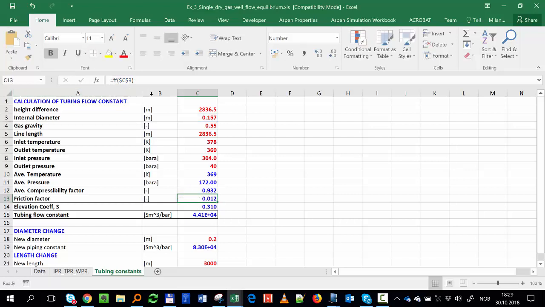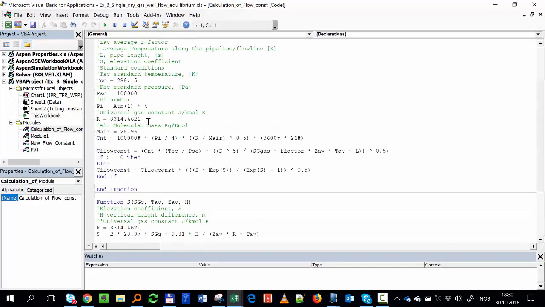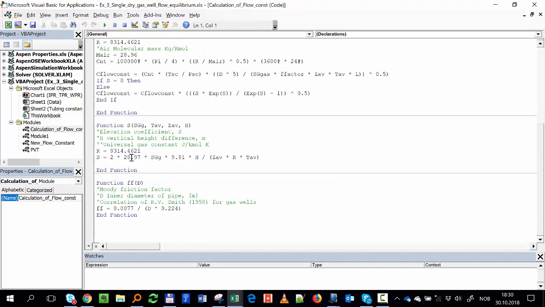Finally, with all of that information, you can calculate S and you can calculate the tubing constant. If you punch Alt F11, we're going to take a break soon, you see S is exactly the same formula I showed you before: the height difference, the average T. This friction factor is just the equation by Smith in 1950.